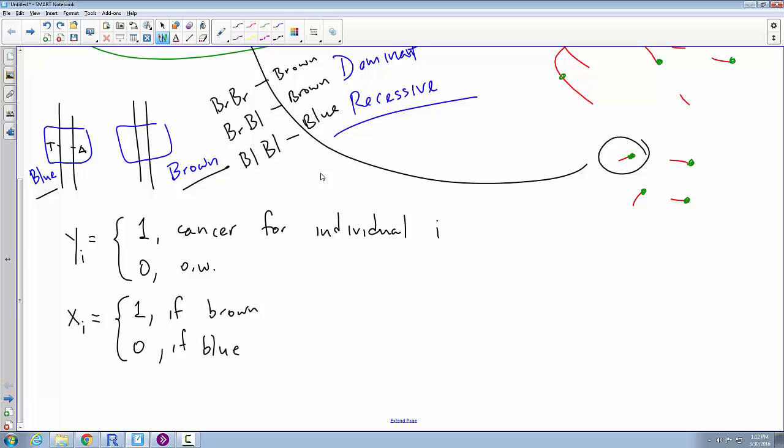So our data might look like, we'll put individual in the first column, just 1, 2, ... 2,000. Let's go ahead and put group condition. So we'll say the first 1,000 are cancer, and the last 1,000 are healthy.